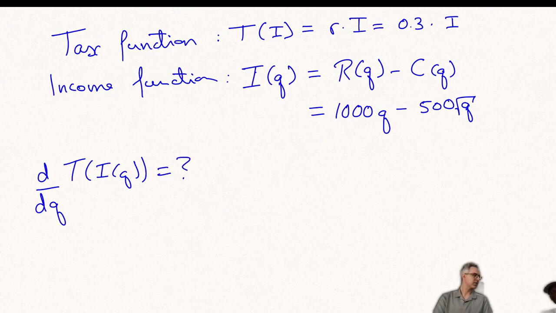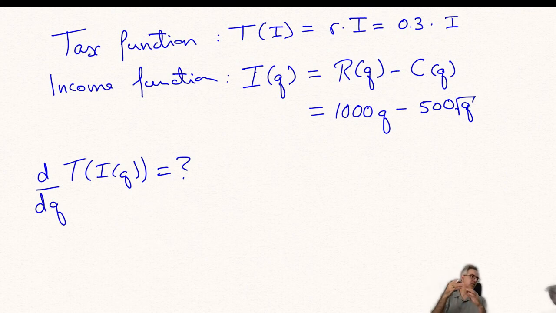How fast does my tax increase? Is it worth trying to produce and sell more if I continue to make and sell more? Because remember, derivative is a rate of change. The tax function is the amount of money I have to pay.